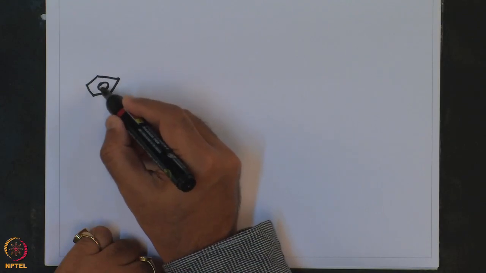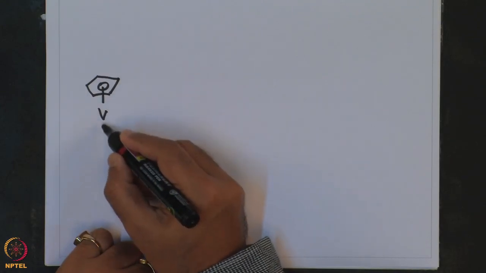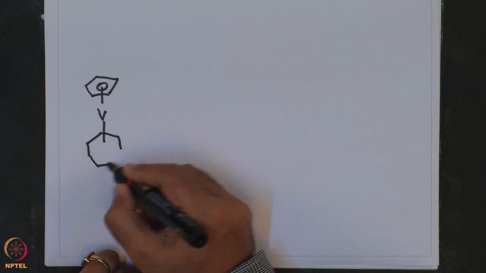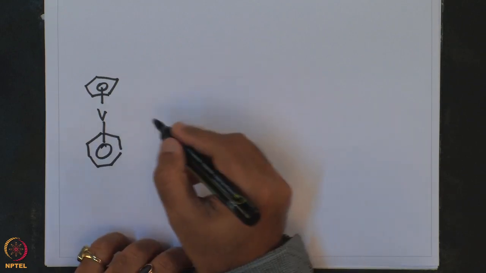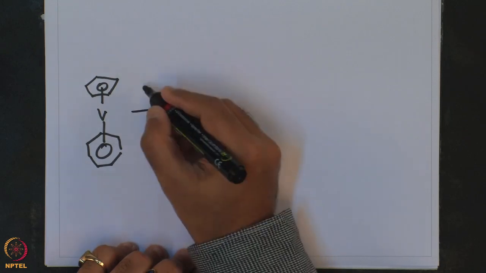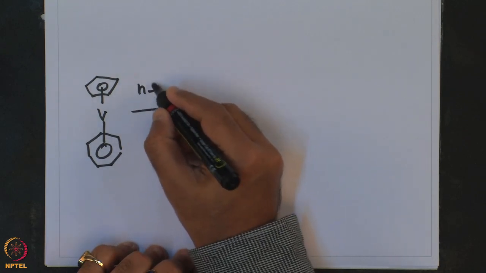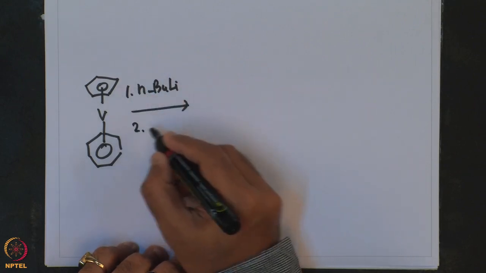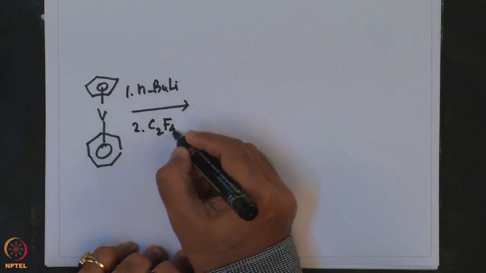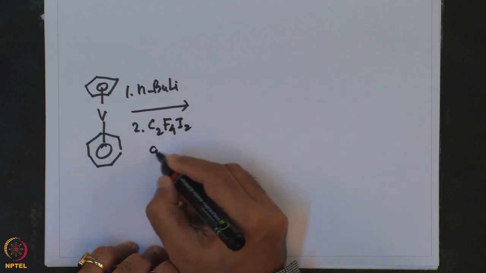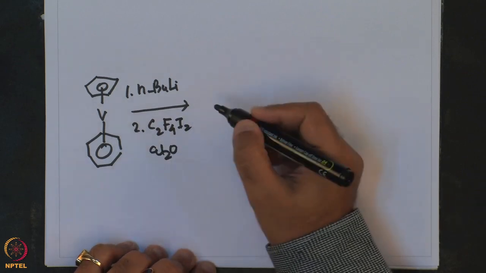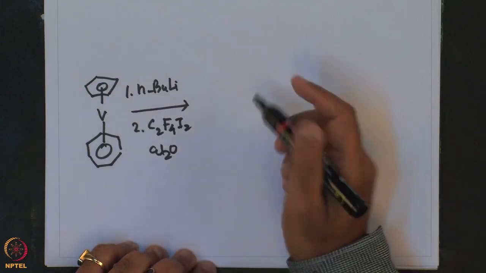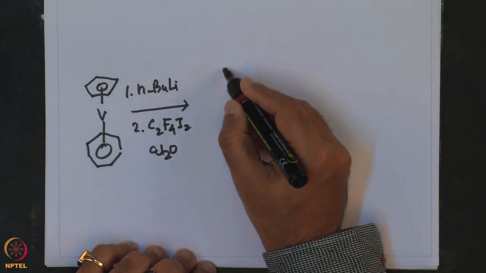So, this is Cp vanadium C7H7 in presence of n-butyl lithium, and the second reagent is C2F4I2 in ether, giving this iodination, and in this case the iodination happens at the Cp ring.